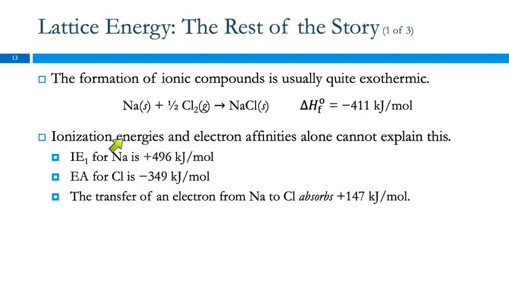But if you look at the sum of these, just transferring the electron, we end up with this absorbing 147 kilojoules when it actually releases 411. So electron affinity and ionization energy do not explain the total energy change in this reaction. There's a piece missing, and that piece is lattice energy.